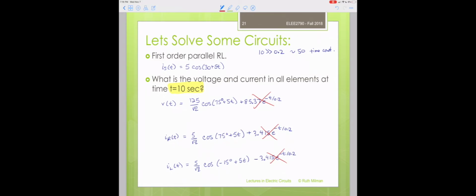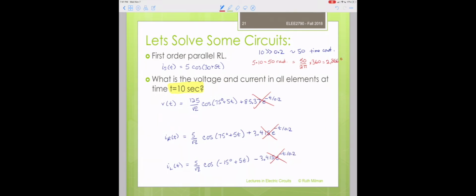Now, if t is equal to 10, then we have 5 times 10, which is equal to 50 radians. But if we're looking at 50 radians, then we're going to need to convert that into degrees. This is equal to 50 divided by 2 pi times 360, which is equal to 2,866 degrees.